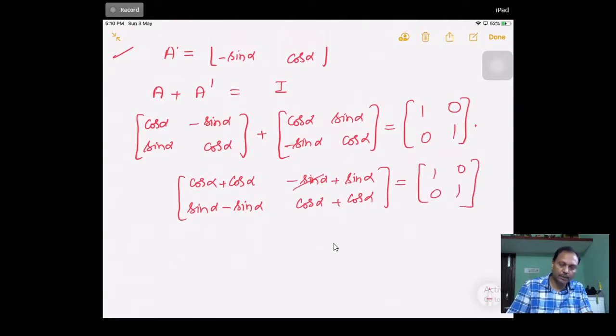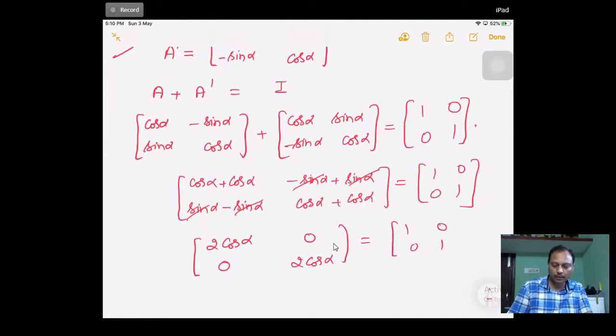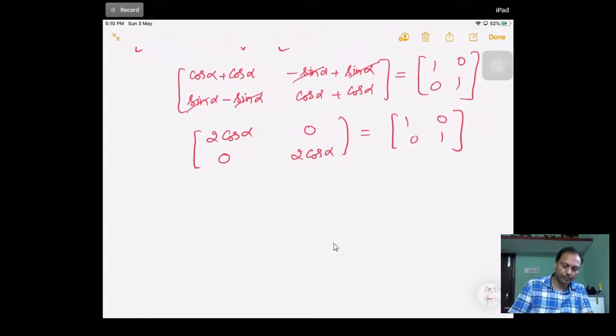Here minus sin alpha plus sin alpha cancel out, here also cancel out. So we are getting 2 cos alpha, 0, 0, 2 cos alpha, equal to [1 0; 0 1]. Now compare. So 2 cos alpha is equal to 1, means cos alpha is equal to 1 by 2.